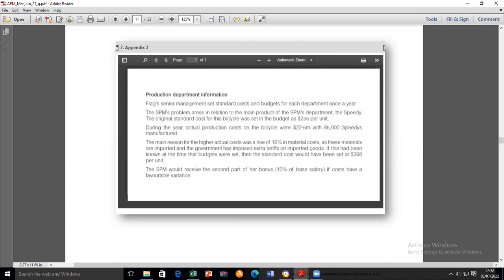The main reason for the higher actual cost was a rise of 16% in material costs.